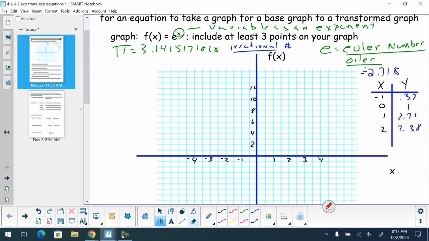At x equals -1, I got 0.37. Then we have 1, 2.718. And at 2, we have 7.38.